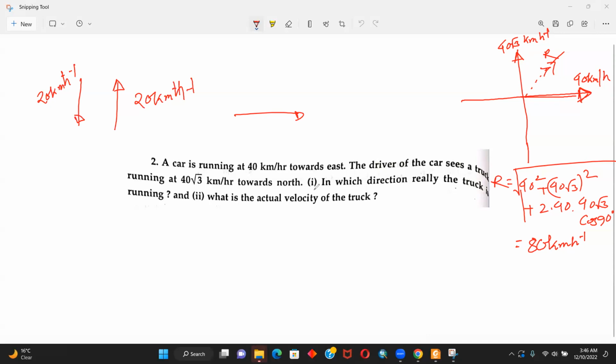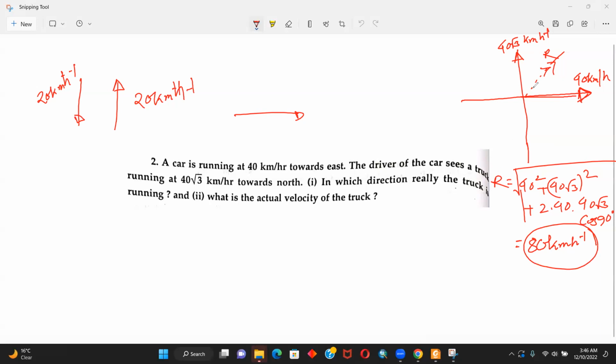That is, in relation to a particular object, we consider a particular velocity. The actual velocity of the truck is not that. The actual velocity is 80 kilometers per hour. But it seems to the observer or the car driver that it is 40 root 3 kilometers per hour.